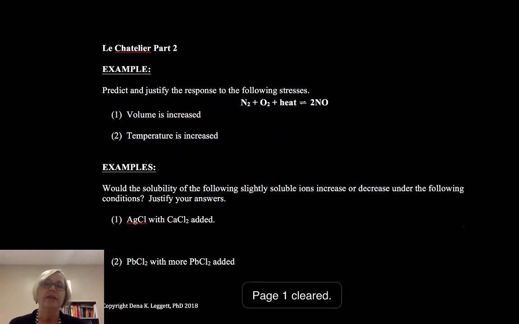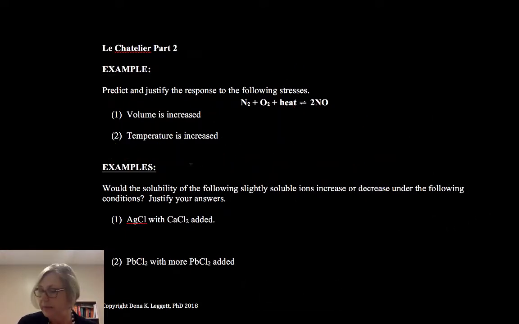All right, here's some more examples with some solubility questions. And when you are adding substances, you want to ask yourself 2 questions. 1, is this substance you are adding part of the equilibrium?